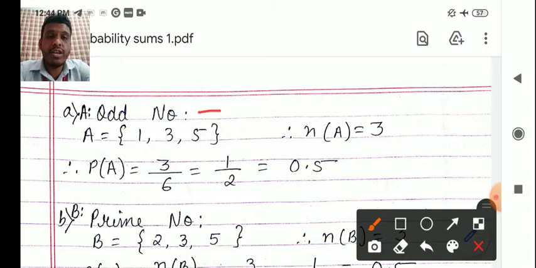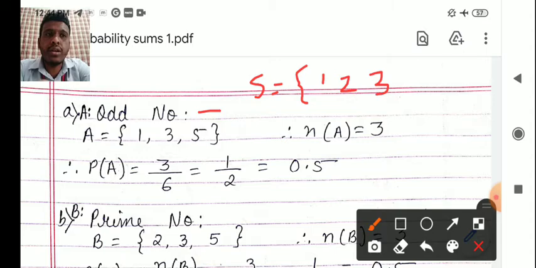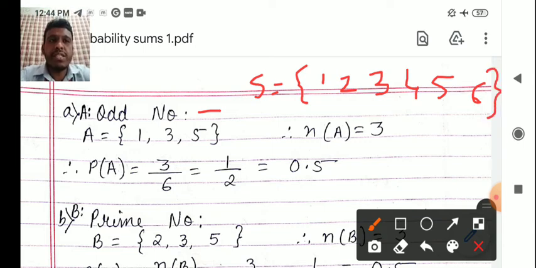Now the question comes of odd number. What is the sample space? Sample space we have got in our previous problem. It is equal to 1, 2, 3, 4, 5, 6. So this is the sample space.